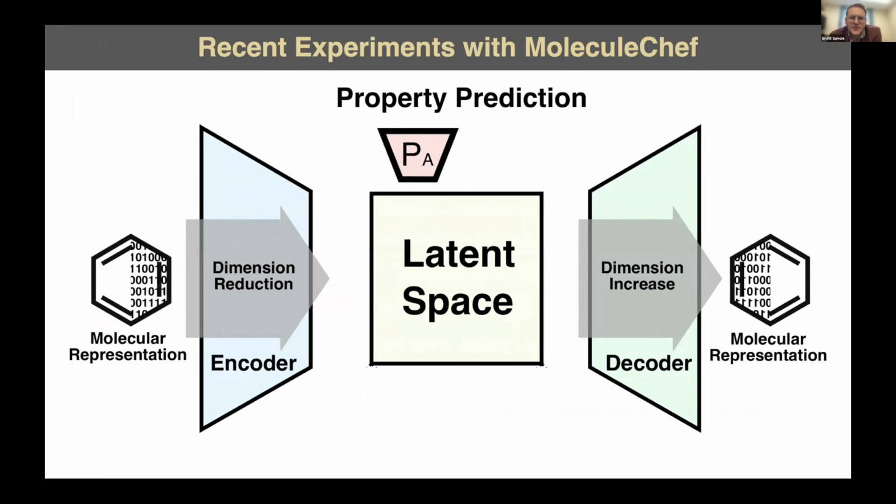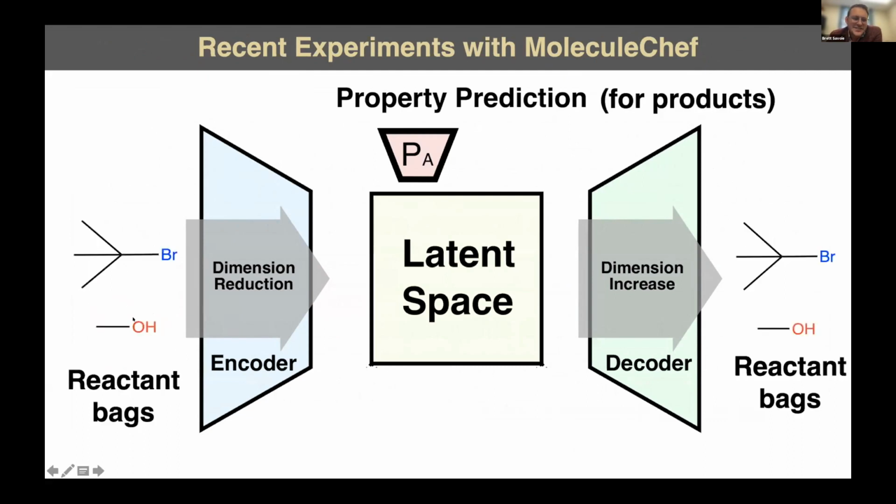Okay, so this Molecule Chef idea takes a very different approach to finding physically relevant molecules. The idea here is that rather than making an autoencoder that's based on the molecules you care about, instead you have an autoencoder that's based on reactant bags, or reactants that are synthesizable and accessible. Then, as a secondary prediction task, you use a reaction predictor to predict the product.